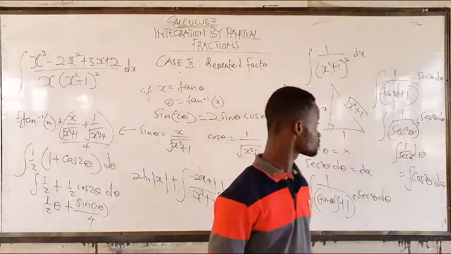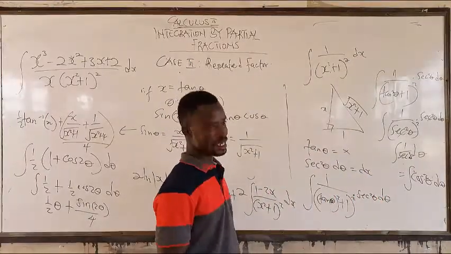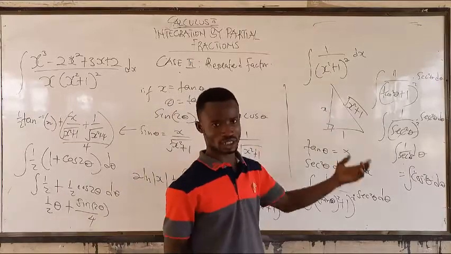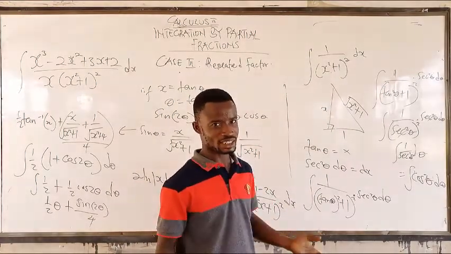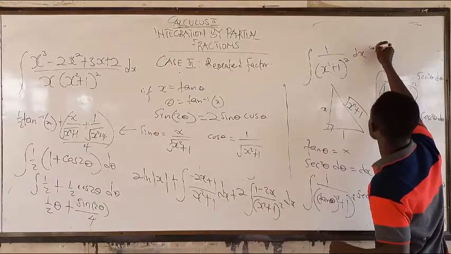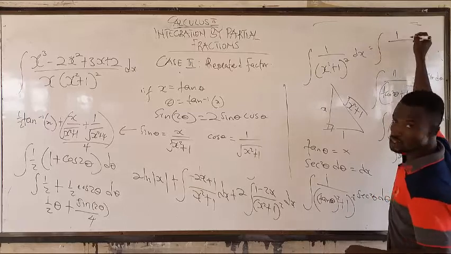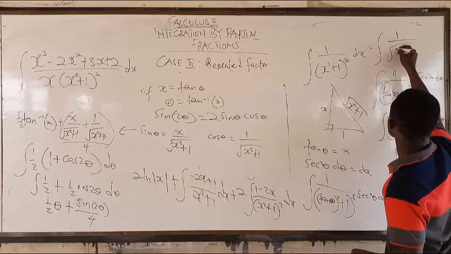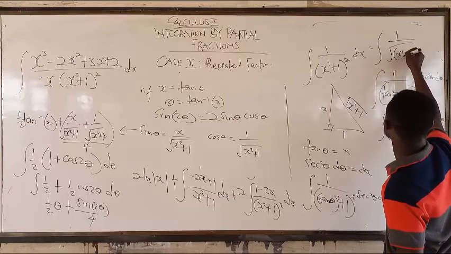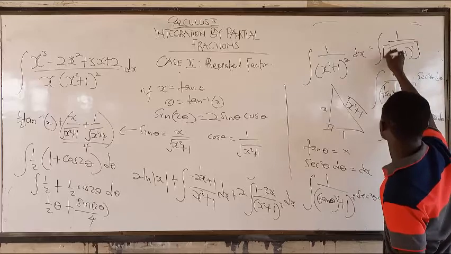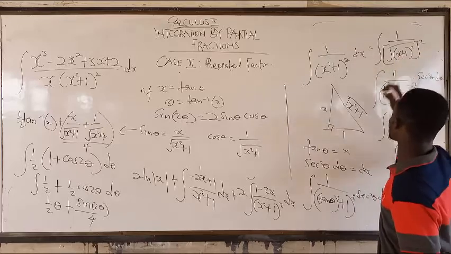Alright? Very good. And now, it may be that you are doubting, why is it that I'm applying trig substitution here? It doesn't affect anything. Because here we can rewrite this as 1 over, we can rewrite this as this.